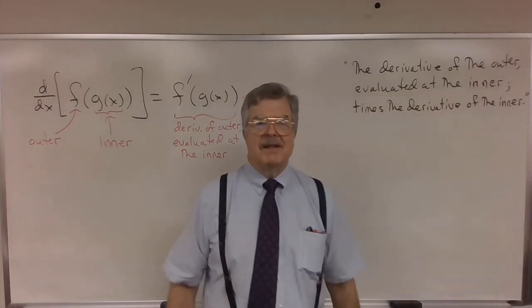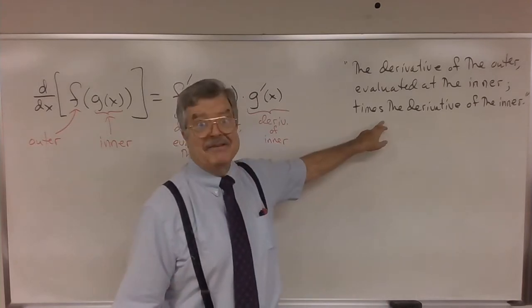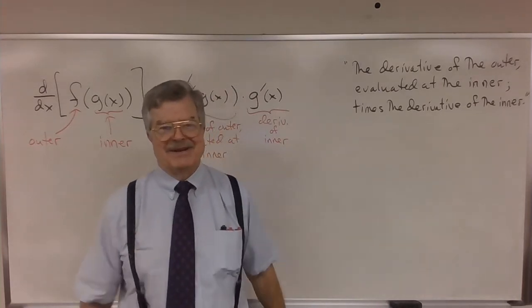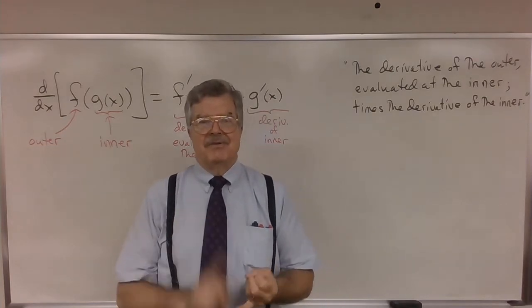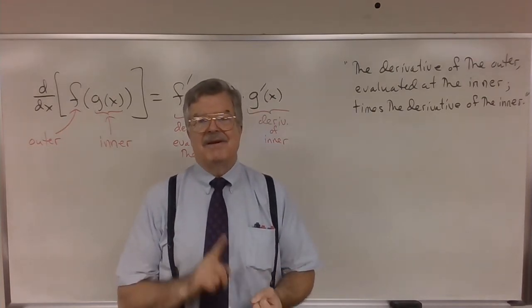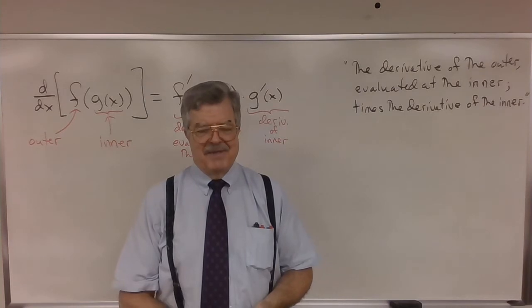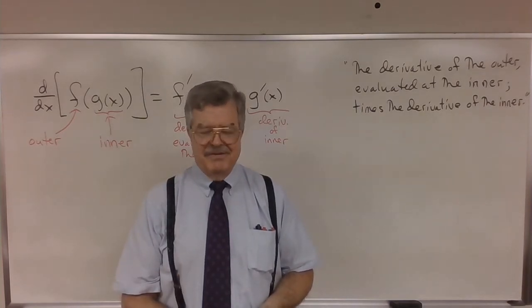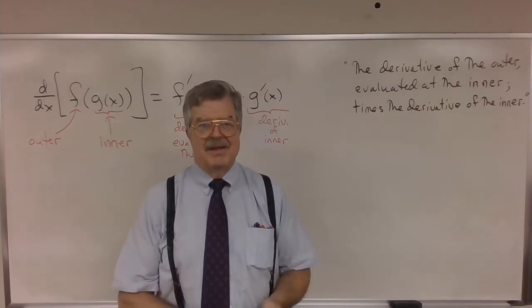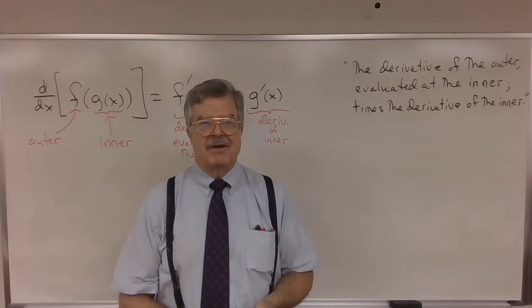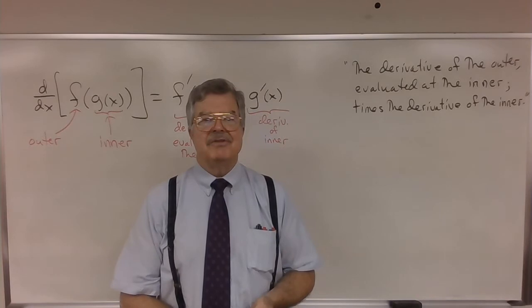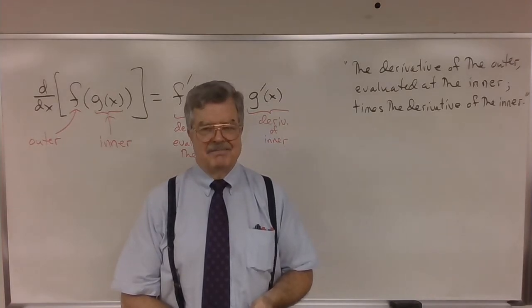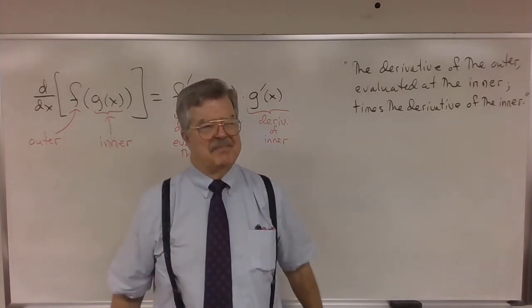Tell you what, let me say it without me standing in front of it so you can actually read it, okay? Here we go. The derivative of the outer evaluated at the inner times the derivative of the inner. One more time.